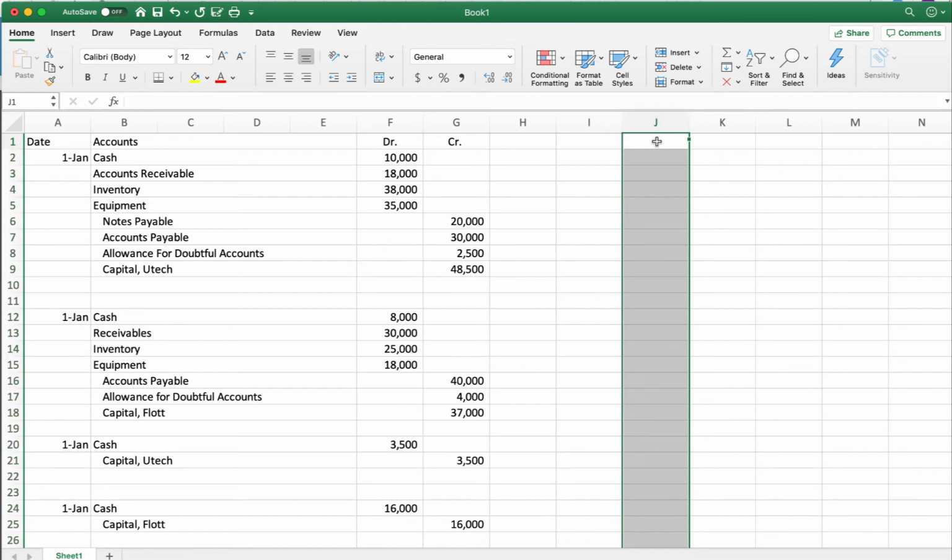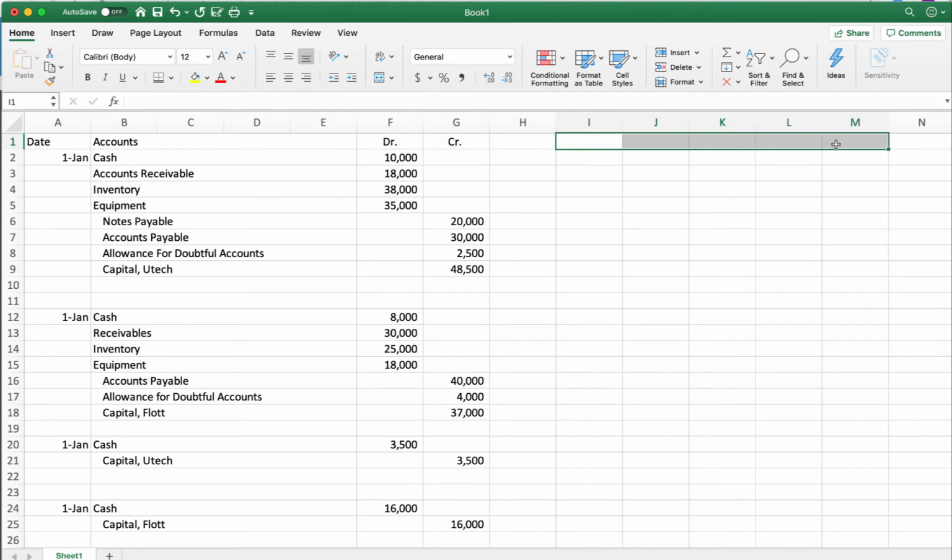So I'm going to pick an arbitrary amount. I'm going to go to I1, actually. And I'm going to come over 5 columns. And I'm going to merge and center. I get my little crosshairs, and I'm going to drag down 1 row, 2 rows. So I have 3 rows here, right?